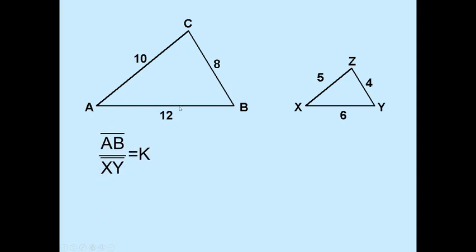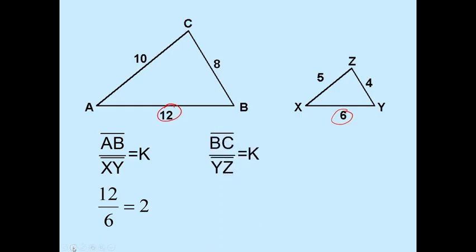Okay, side AB, so if these are two proportional triangles, AB is proportional to XY. That means that they have a ratio value K. That means 12 divided by 6. Notice right here, we're going to take 12, divide it by 6, and that is 2.